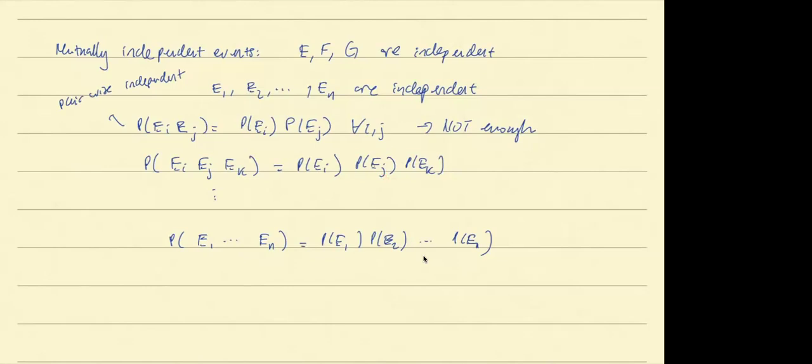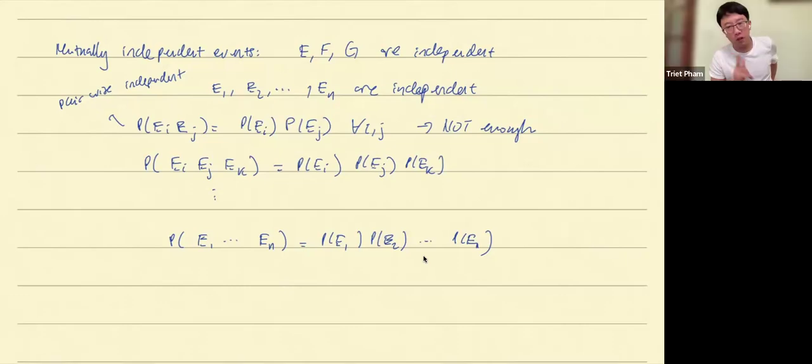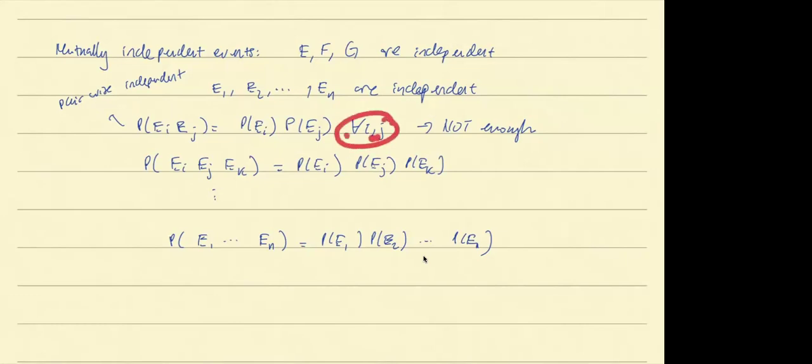So would that mean that E1 and En could be independent, but they might be dependent with other things in the set? No, we're not saying that either. We're saying that E1, En, E1, E2, whatever pair you choose are independent, because the keyword is for all i, j.